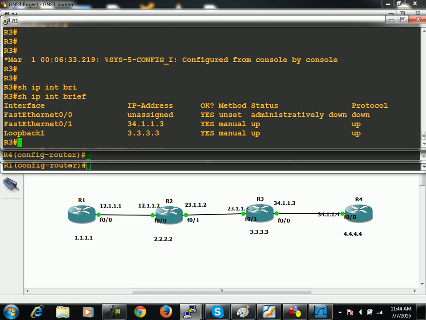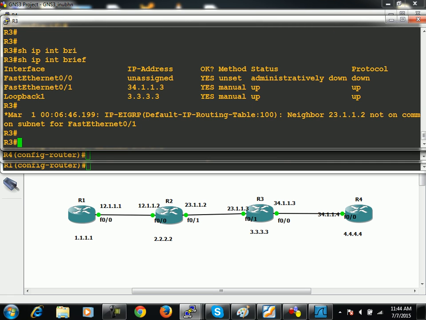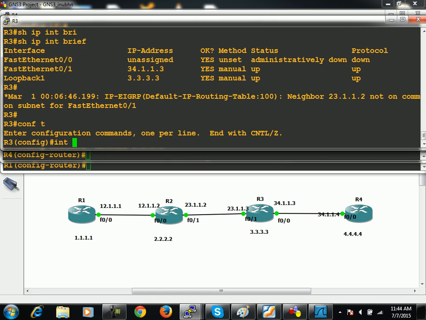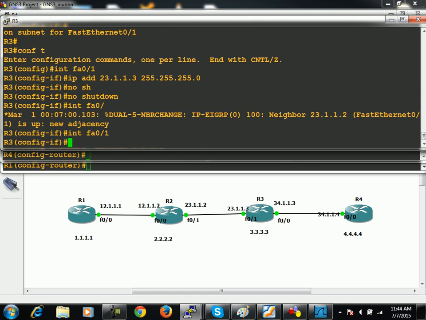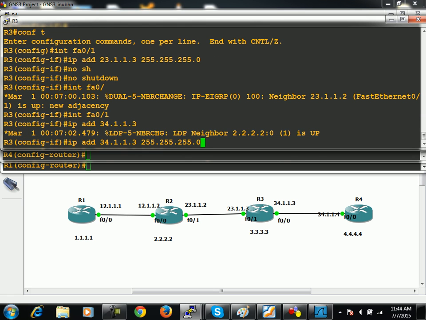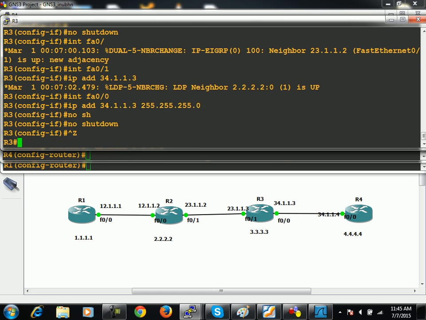Oh, sorry, 23.1.1. Yes. Sorry, FA0/0. LDP peering has also come up.